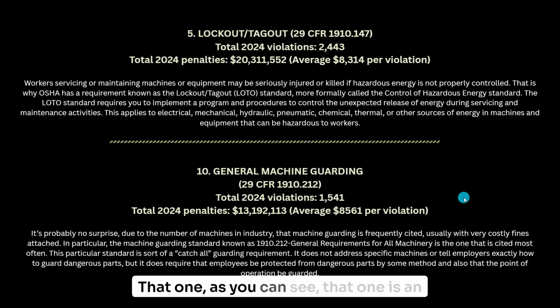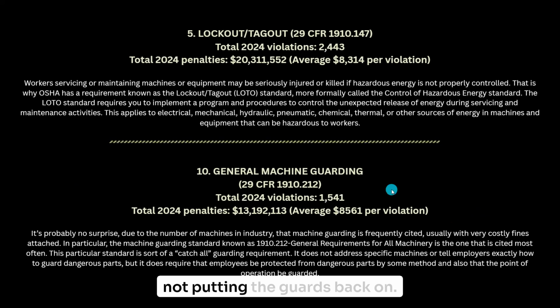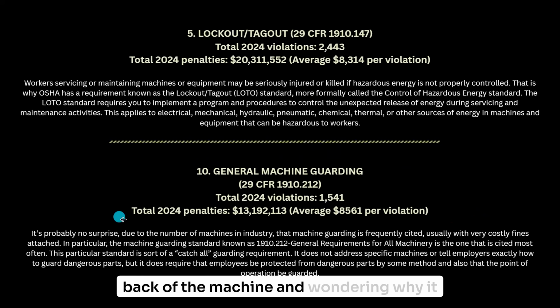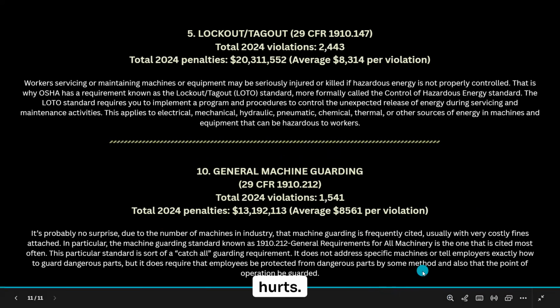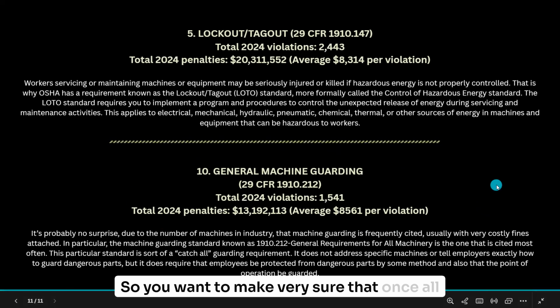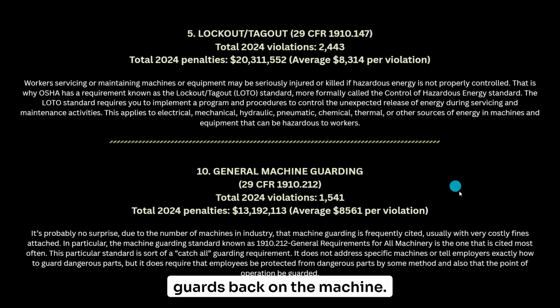That one, as you can see, is an average $8,500 per violation, because that is the easiest way for someone to get hurt, by not putting the guards back on and having someone stick their hand into the back of the machine and wondering why it hurts. So you want to make very sure that once all repairs are completed, you're putting the guards back on the machine.